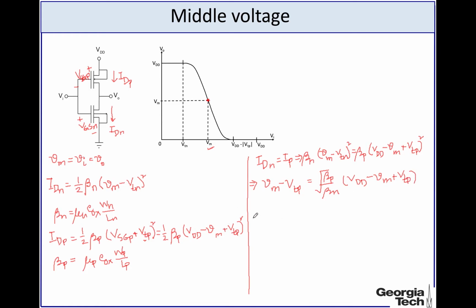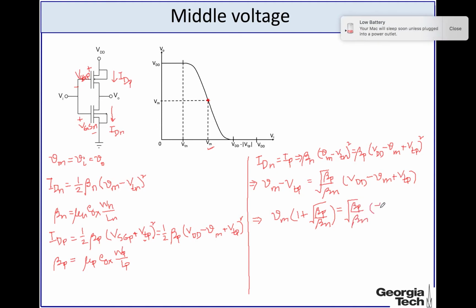Then changing signs, we get VM times 1 plus the square root of beta P over beta N equal to the square root of beta P over beta N multiplied with VDD.